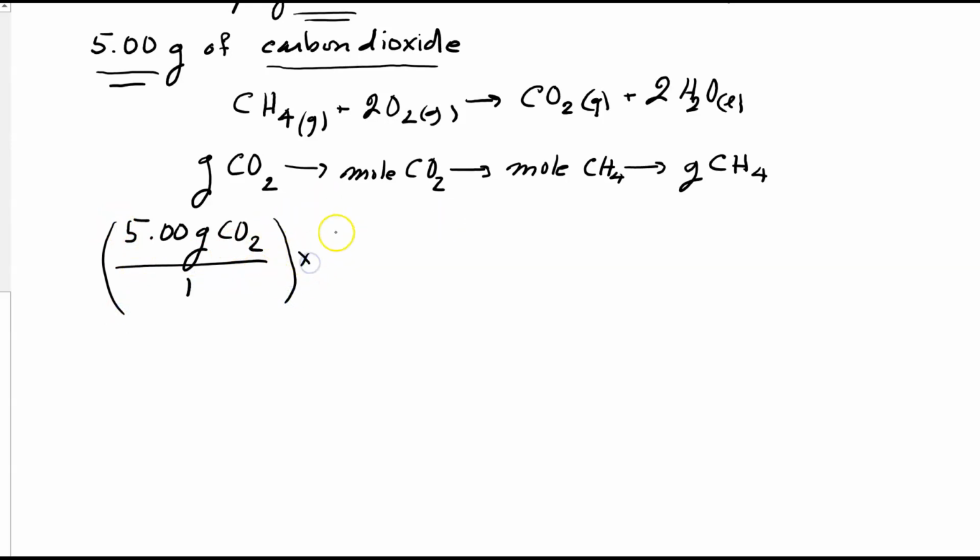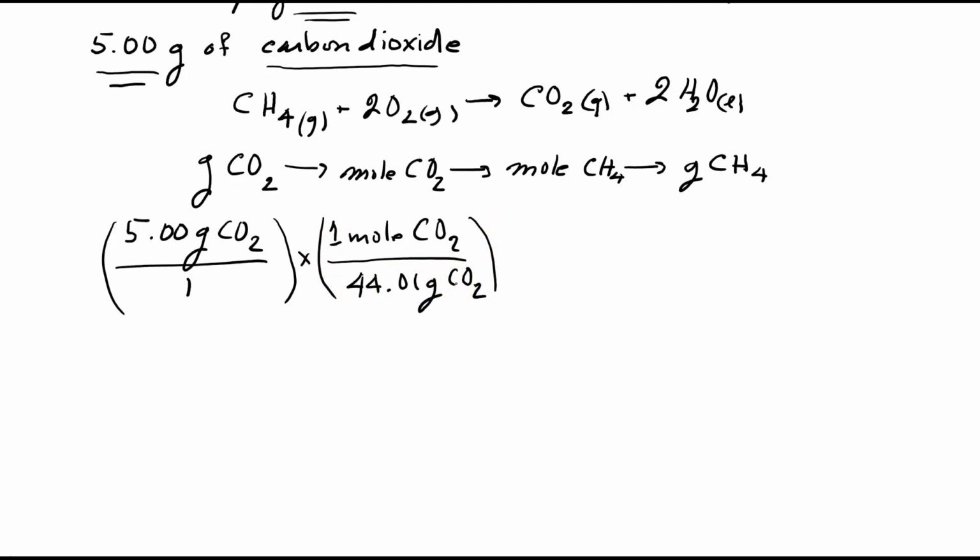So in order to do that, we say there's 1 mole of carbon dioxide for every 44.01 grams of carbon dioxide. And you can get that by adding up the atomic mass components of carbon dioxide, 1 for carbon and 2 for oxygen. So now we have moles, as you can see, of carbon dioxide.